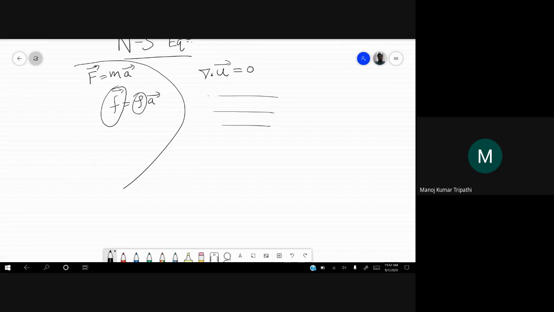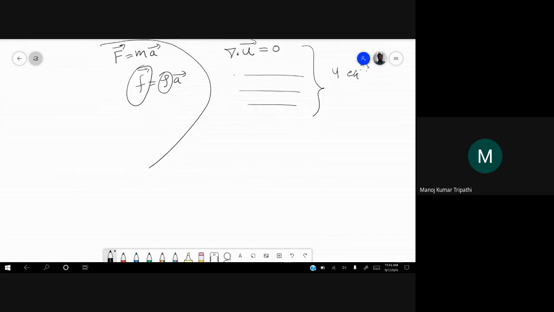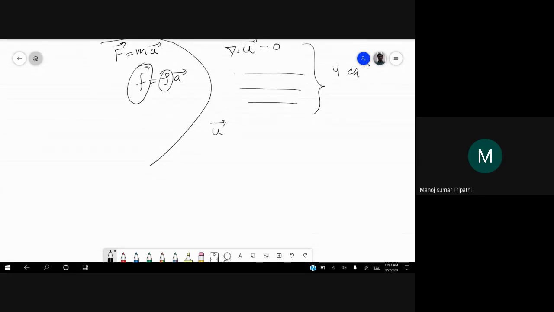In total, you have 4 equations. In these 4 equations, the variables are velocity, which has 3 components. Let us call them u, v, and w in the x, y, and z directions.